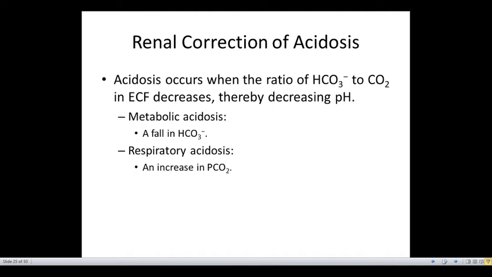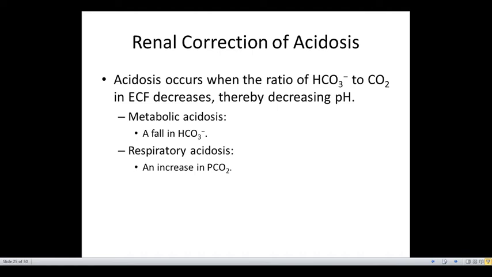Acidosis occurs when the ratio of bicarbonate ions to carbon dioxide in extracellular fluid decreases, thereby decreasing the pH.